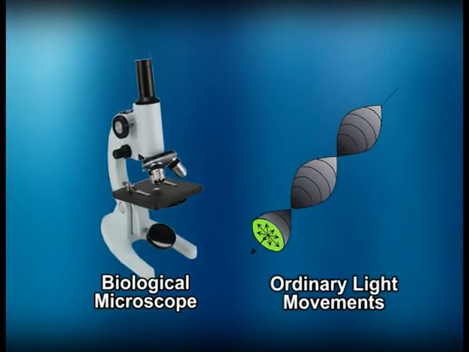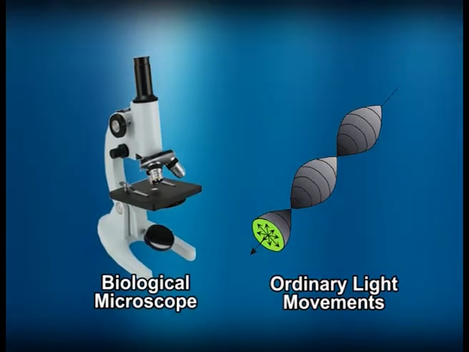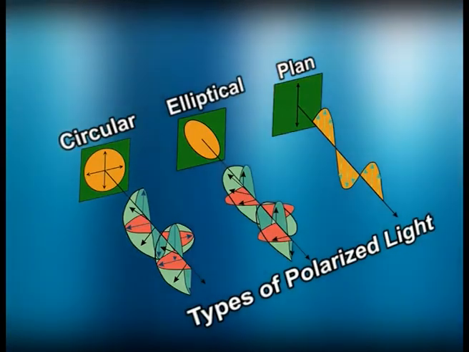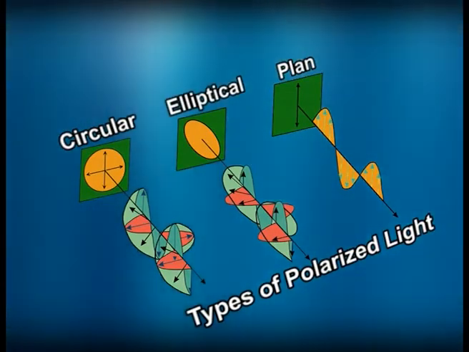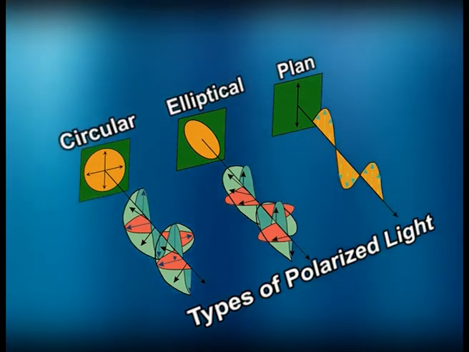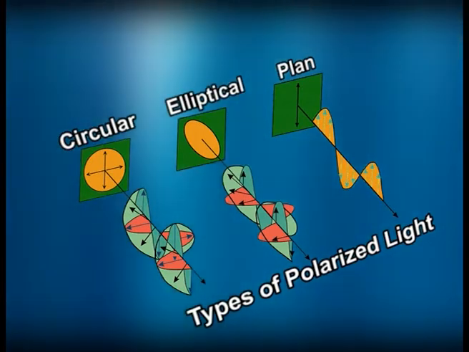A biological microscope makes use of ordinary light, which travels with rapid forward and backward movements called vibrations, taking place regularly in different directions. Such an ordinary light is not suitable for the determination of optical properties. Light suitable for the determination of optical properties should have its vibrations taking place in one definite plane. Such a light is called polarized light.